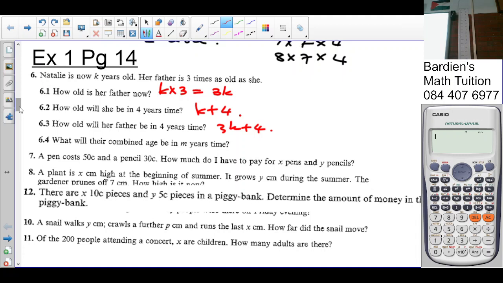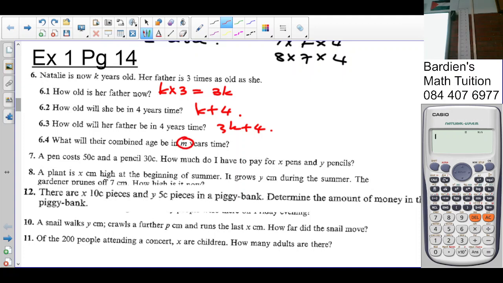6.4. What will the combined ages be in M years' time? Did they ask in 4 years' time or M years' time?